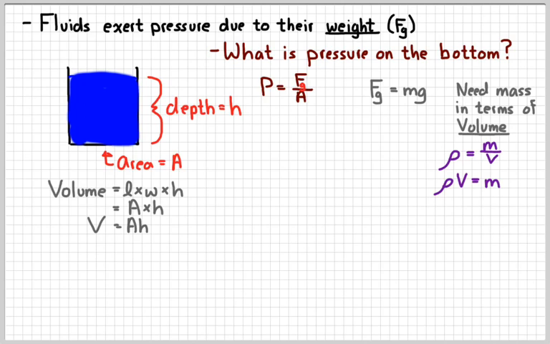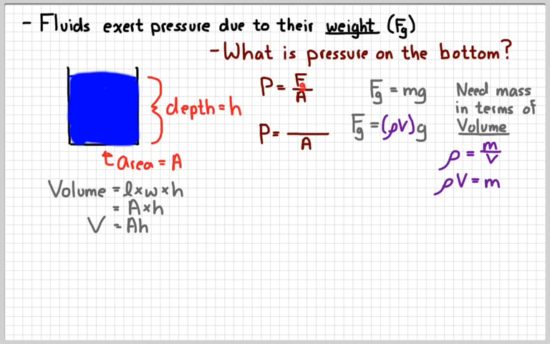Also remember that density is mass over volume, and so the mass of the water would be its density times its volume. And so I can combine those two ideas together, and say that the force of gravity is the density times the volume times g, and get rid of the m.